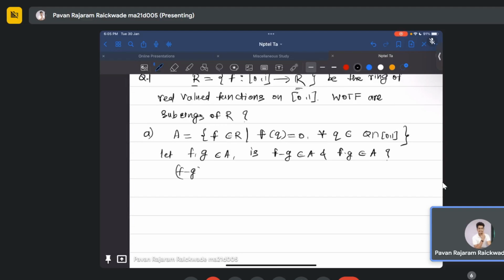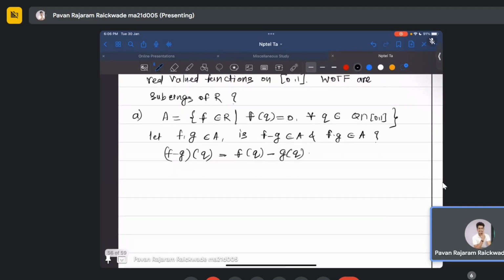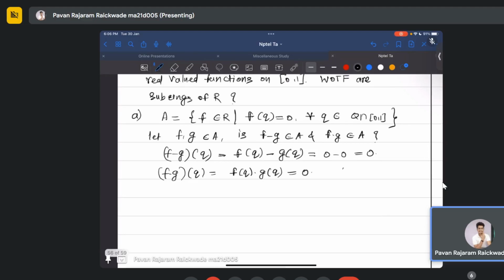For any element q, this is component-wise, hence f at q minus g at q, which is simply 0 minus 0, which is 0. And similarly, fg for any element q is the product f(q) times g(q), which is also 0 since each term is 0, for all q in the rationals of [0, 1]. Hence, A is a subring.